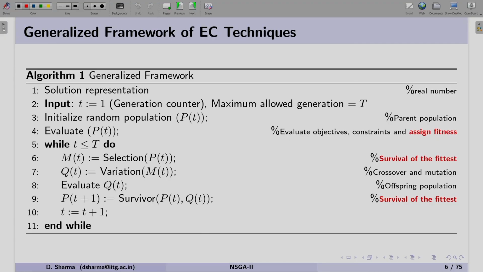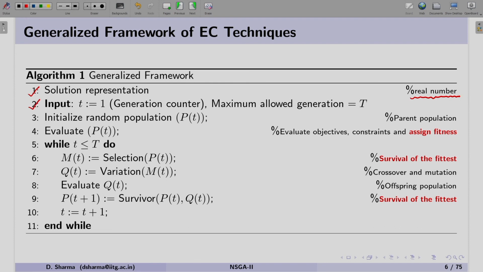If we see algorithm number 1, at step 1, we perform the solution representation. Let us assume that we want to target real parameter multi-objective optimization problems.